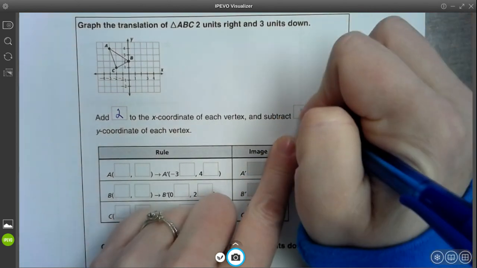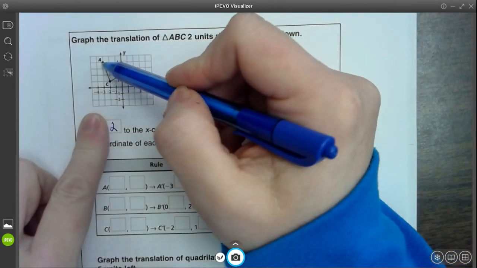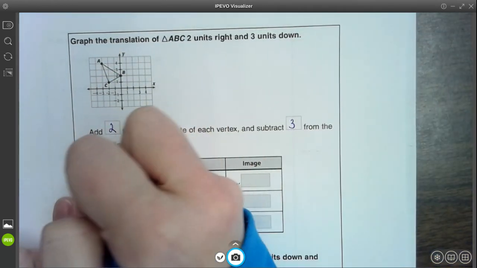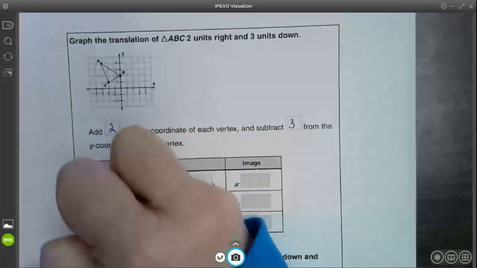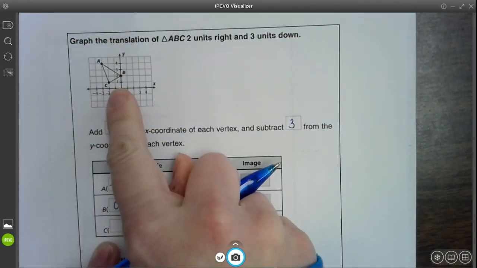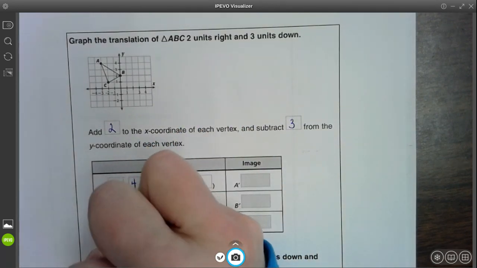So we could subtract 3 from the y-coordinate. When I look at the original triangle, A is at negative 3, positive 4. B is at 0, 2. And C is at negative 2, positive 1.